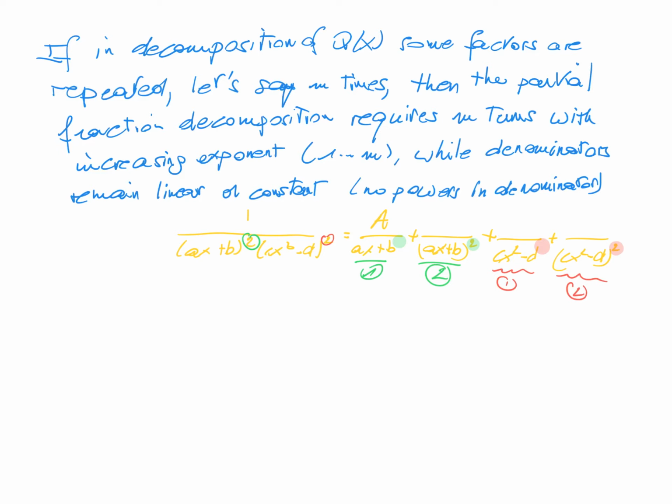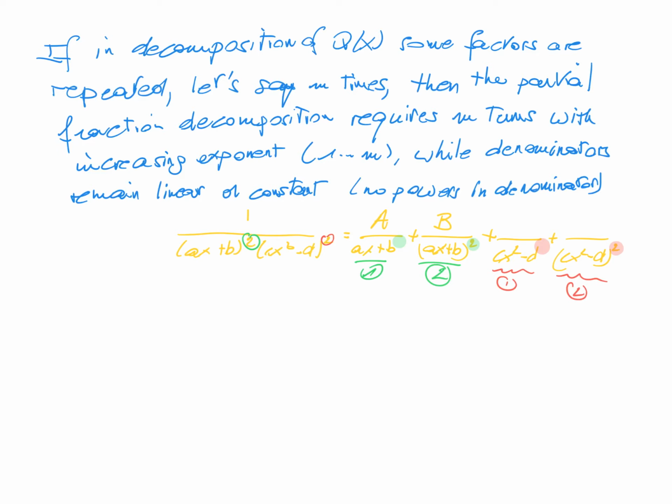Furthermore, for the second one, (ax plus b) squared, basically the factor is the same. So the factor is still ax plus b, which is still a linear factor, and so the numerator still has to be a constant term. So here we have a B, and we do not increase this to the power 2. We just keep a constant B, because the factor is ax plus b.